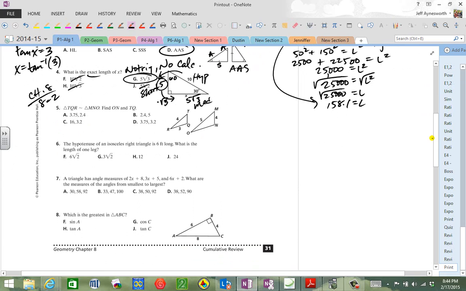Okay, next one. The triangles are similar. Find ON and TQ. All right, so ON and TQ. Okay, so let's try to work this out here.